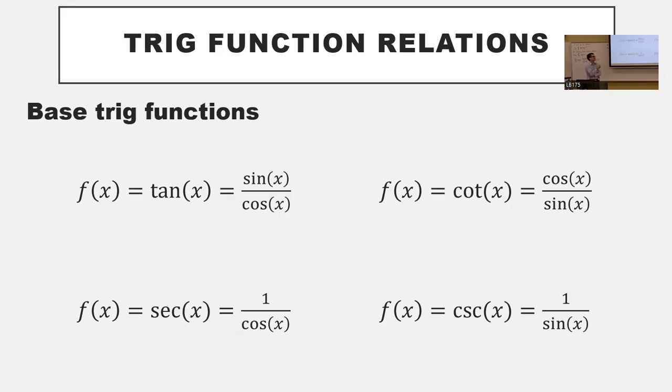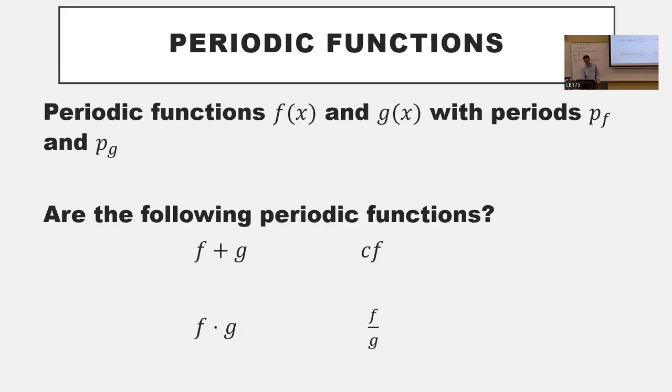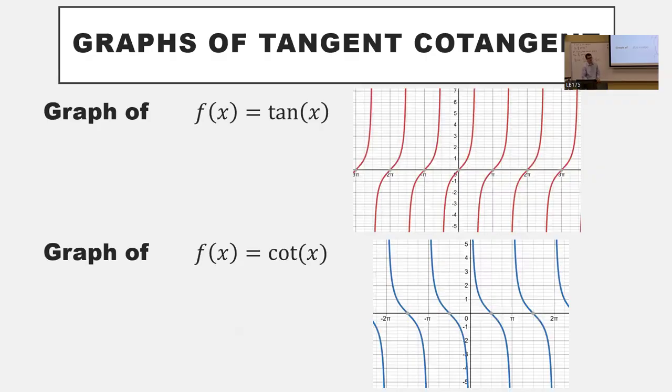So we're going to have these repeating patterns over and over and over again when we graph our other trig functions. And so this is what they look like. We should have expected repeating patterns because sine and cosine are periodic and they share a period of 2 pi.